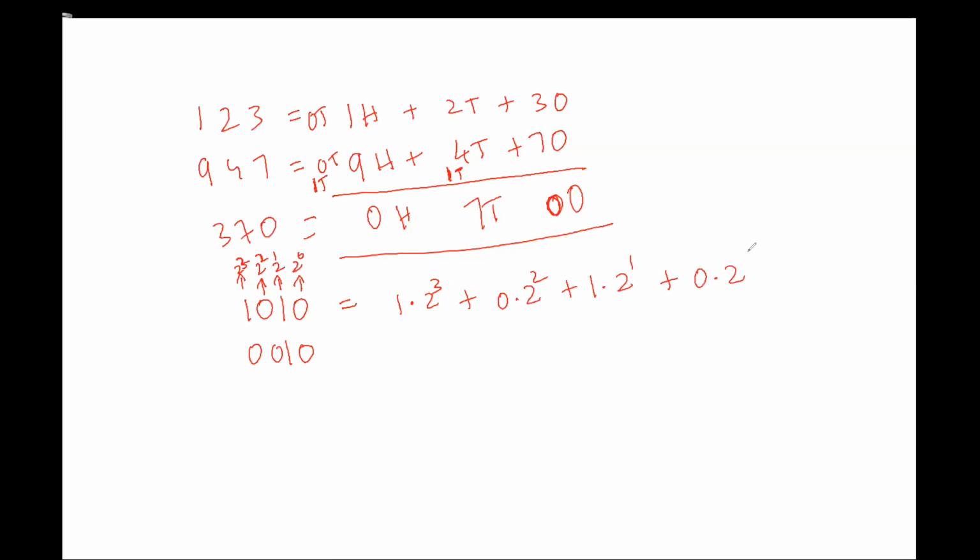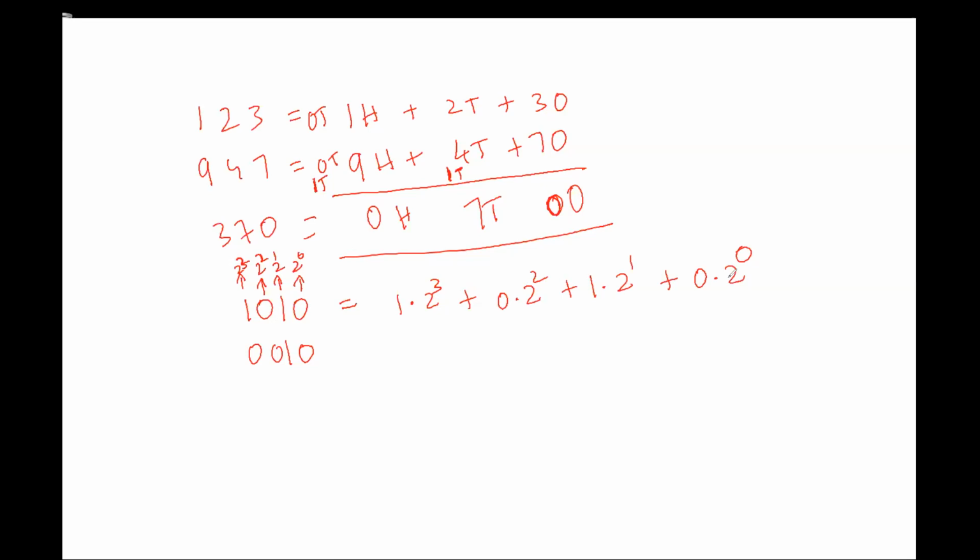So this number 1010 is nothing but 1 times 2 cube, 0 times 2 square, 1 times 2 power 1, and 0 times 2 power 0. Imagine there is a different world in which currencies are not in terms of ones, tens and hundreds.